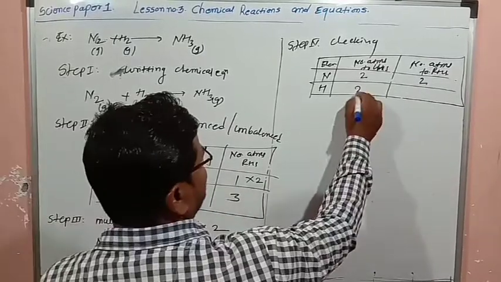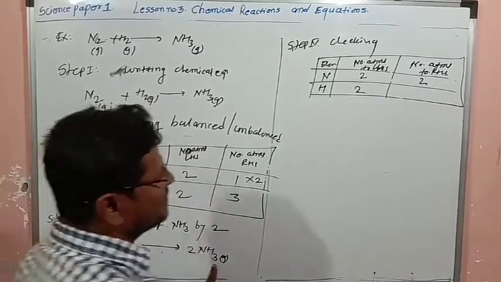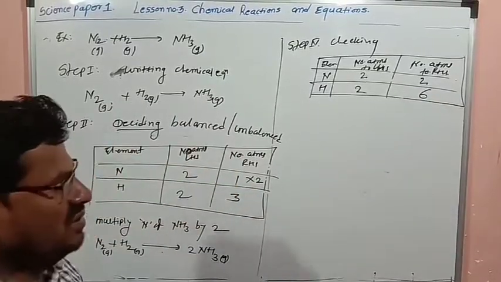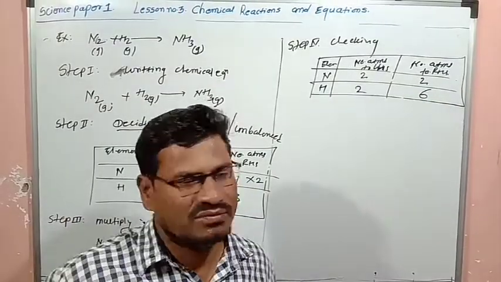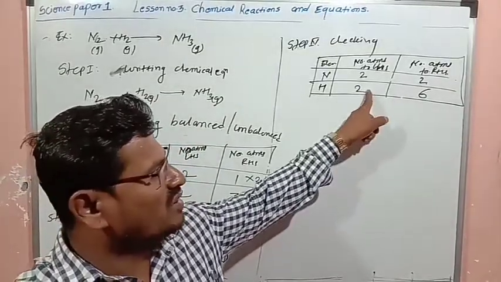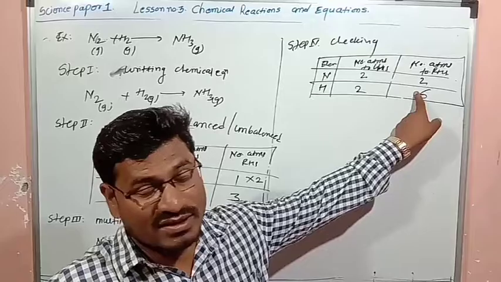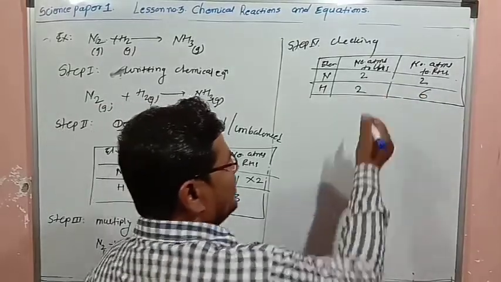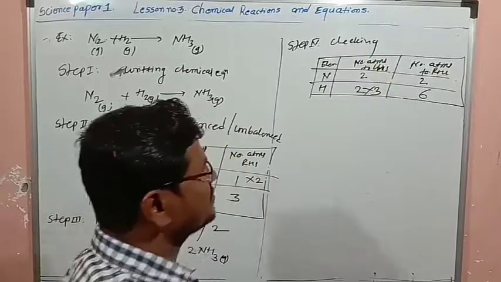Hydrogen is 2 on this side, and on the other side 2 threes are 6. So one thing you can do here: it is easy to balance hydrogen now. Hydrogen on this side is 2, on that side 3 twos or 6.